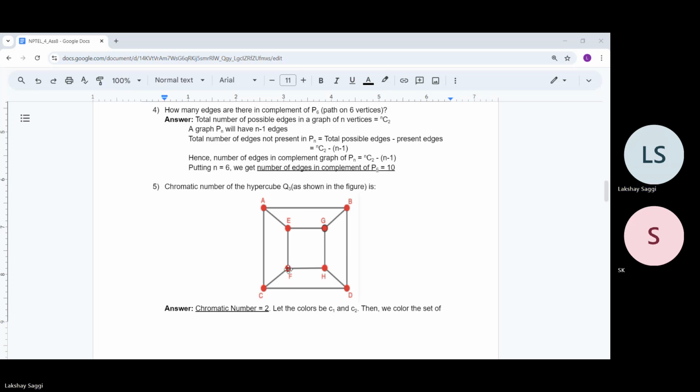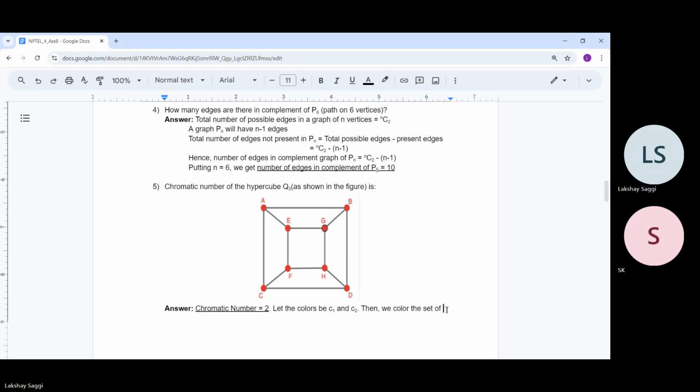Similarly, G and F both have C1 and D also has C1, so H will need to be colored C2. And this will be a valid coloring: we have considered all the edges and every edge has one endpoint as C1 and the other as C2.